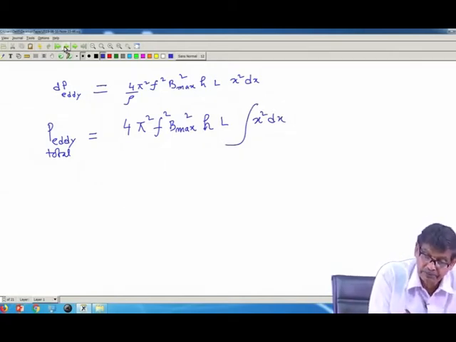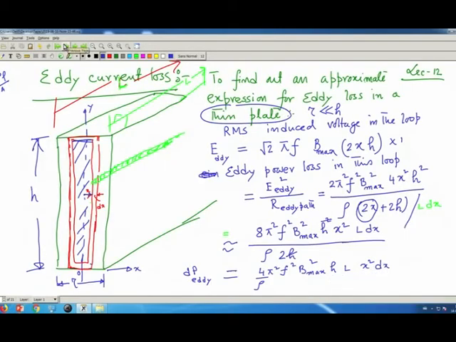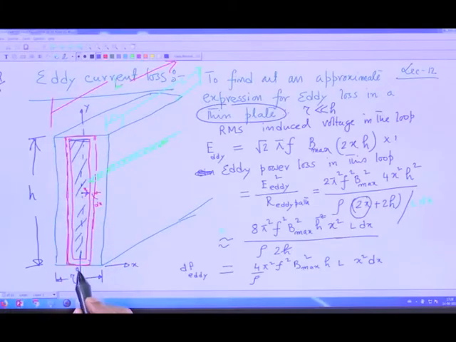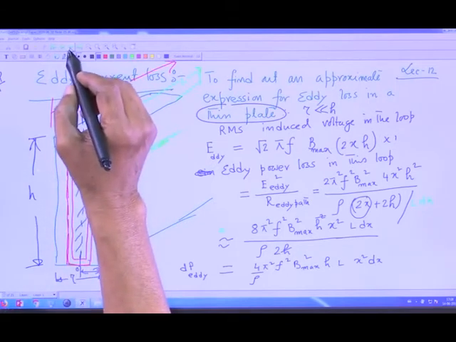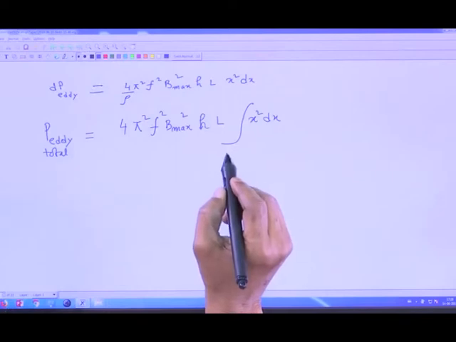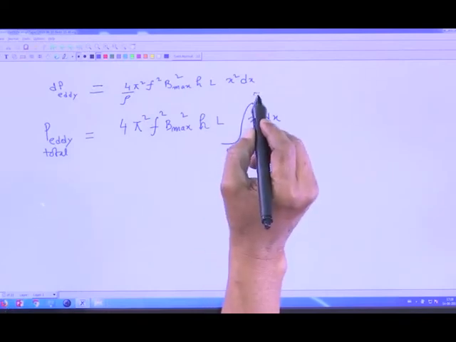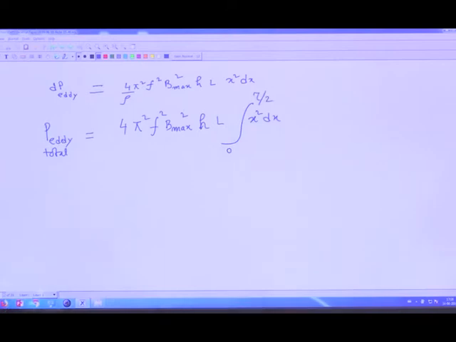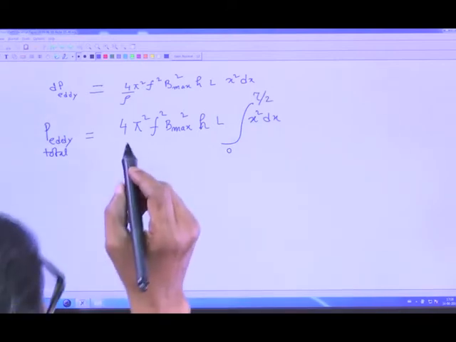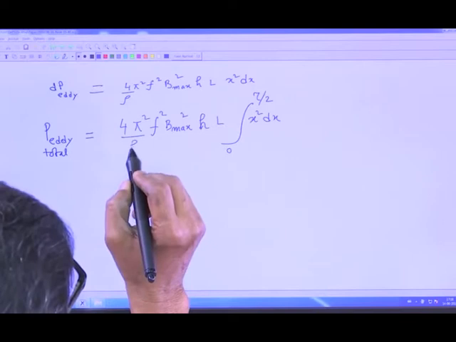So, I go to the previous page. What will be the limit of integration? At a distance x, I have considered the full loop. So, 0 to tau by 2 will be the limit, where tau is the thickness of the plate. So, 0 to tau by 2, that is all. This will be the thing, divided by rho, of course.